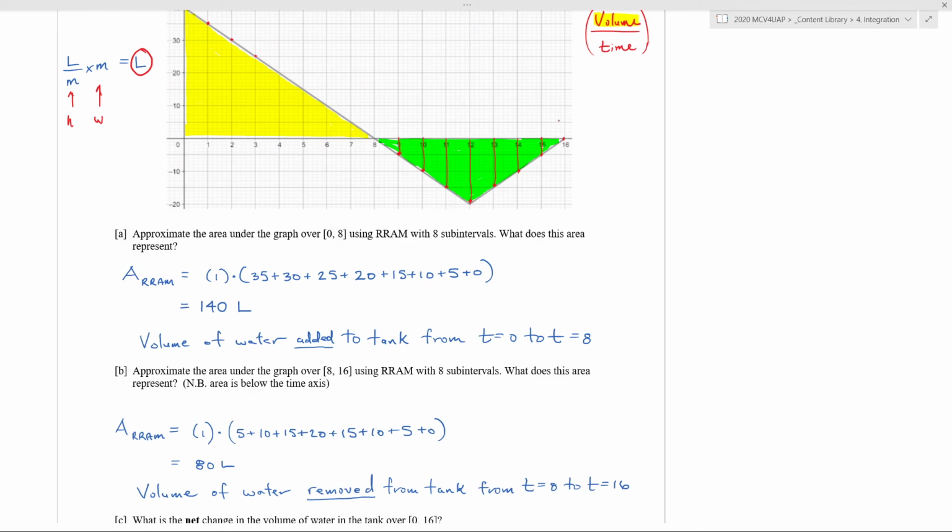Now, the interpretation is that because that is below the time axis, that water is actually being removed from the tank from the time t equals 8 to t equals 16.